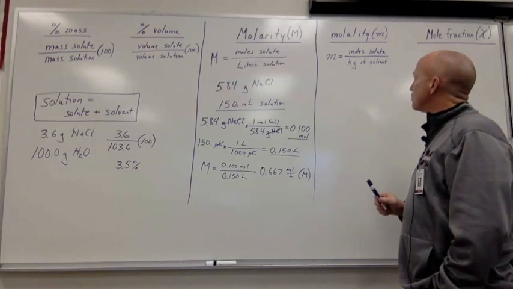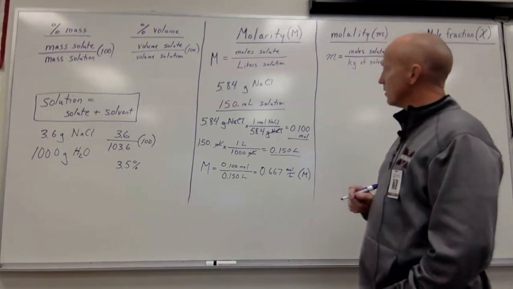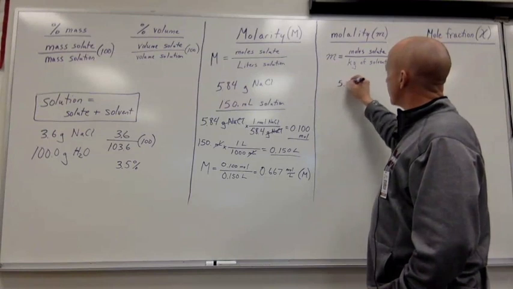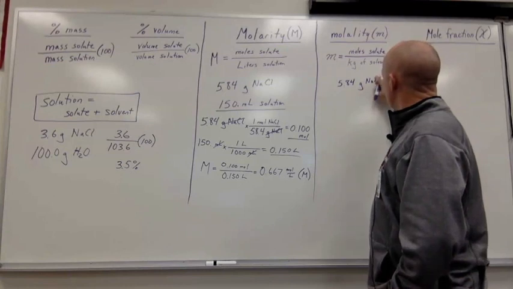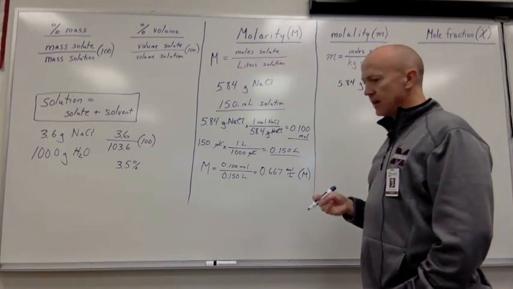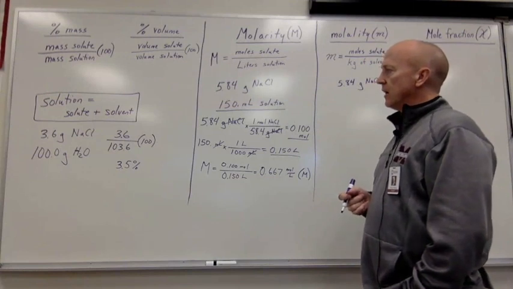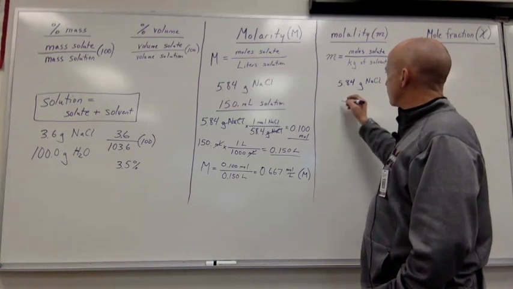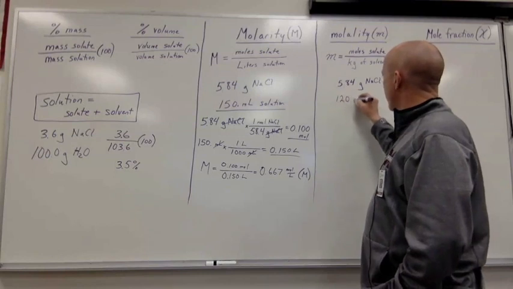So let's say that we have this same setup over here. We're going to use 5.84 grams of NaCl again. And let's say that instead of giving us the amount of solution, we have 120 grams of water.